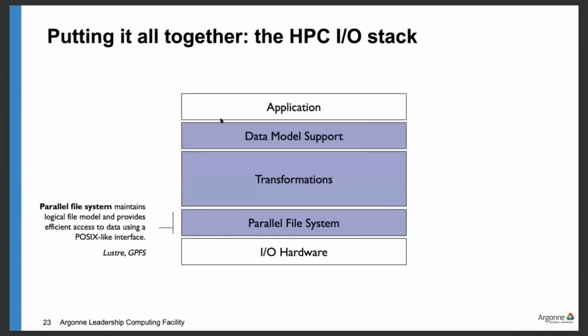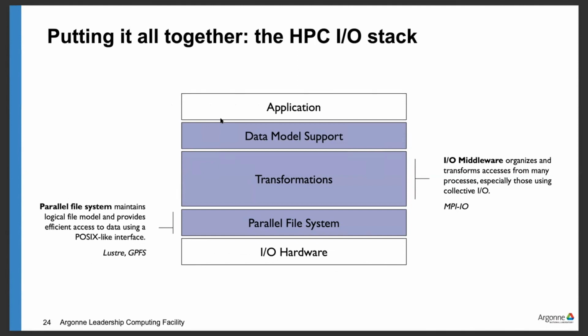So just putting it all together, the parallel file system at the very bottom layer, right above the hardware, maintains the logical file model and provides efficient access to the underlying storage resources. The I/O middleware, which is MPI-IO in this case, organizes and transforms accesses from all the processes into more performant parallel file system workloads.